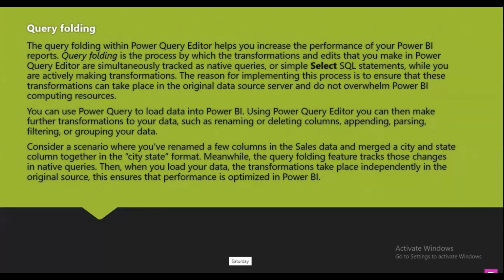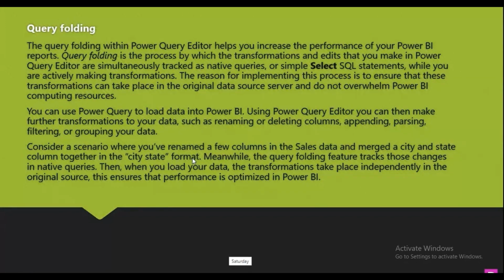So if we are doing some merging, appending of data, filtering, or grouping of your data, and these operations can take place at the native query place itself, that means at the source itself, that is exactly the meaning of query folding. That's the example I was talking about.